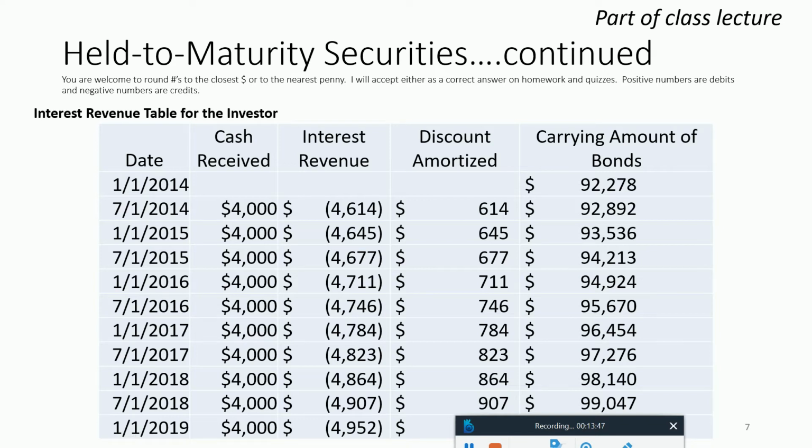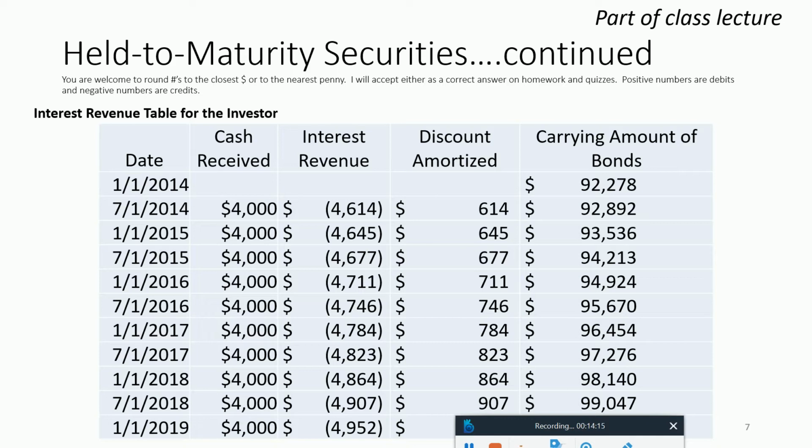Okay, so the interest revenue table for the investor, in this situation, Taylor Swift is the investor. You'll notice that this looks very similar to the tables that we had in week 1. The only difference here is that instead of cash paid and interest expense, we now see cash received and interest revenue.